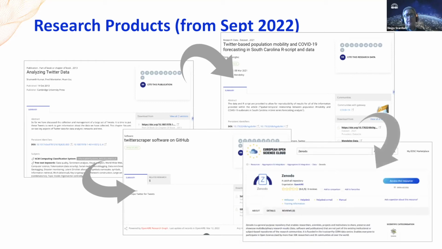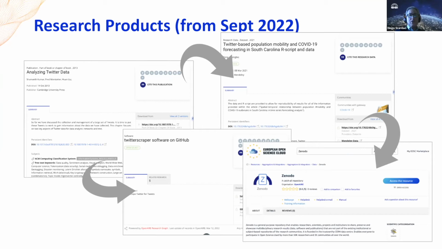The dataset in the publication can also be hosted in a service, in a data source, that is, for example in the slide, Zenodo. So the user can land, for example, on the page of the publication, identify the dataset, and identify the software needed to analyze the dataset.